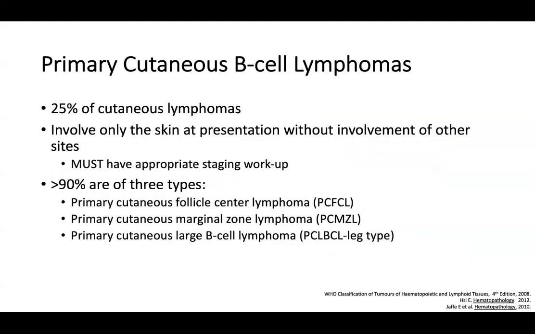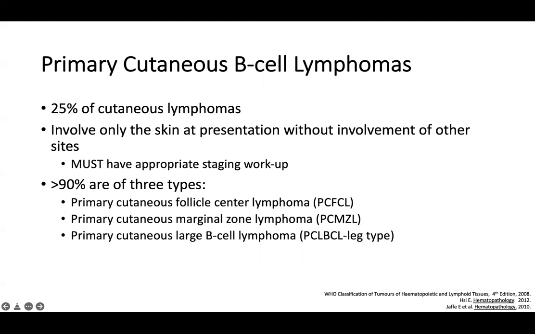So let's start out with just a general tidbit of primary cutaneous B cell lymphomas. So they represent 25% of cutaneous lymphomas. They usually involve only the skin at presentation without involvement of other sites. So if it does involve other sites, then it becomes a question of, are we looking at cutaneous involvement by systemic lymphoma, or are we looking at systemic involvement by a cutaneous lymphoma that advanced?